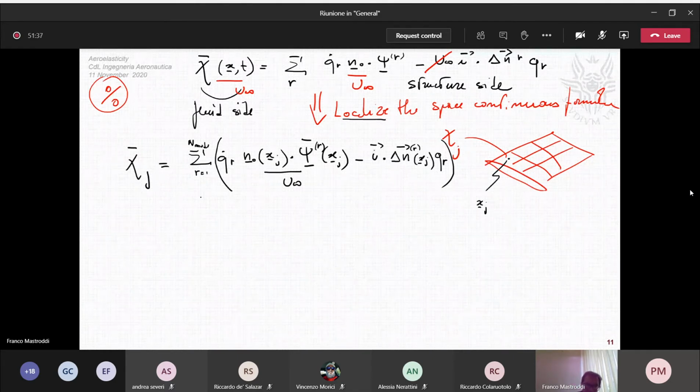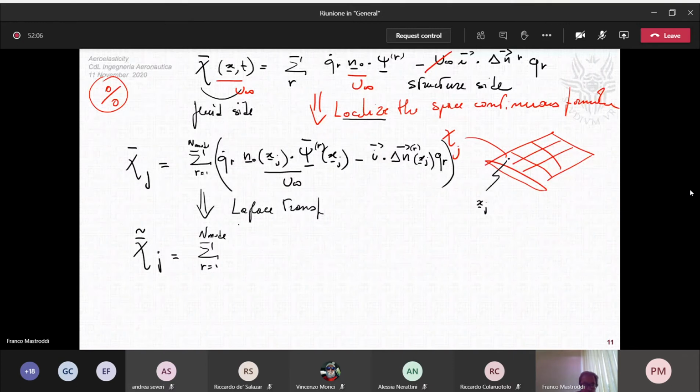Final point, take the Laplace transform of this, and so we have the Laplace transform of k at the j point equal to the summation of r from 1 to n modes. We have a q dot, so we have s, the Laplace variable, times q bar tilde.